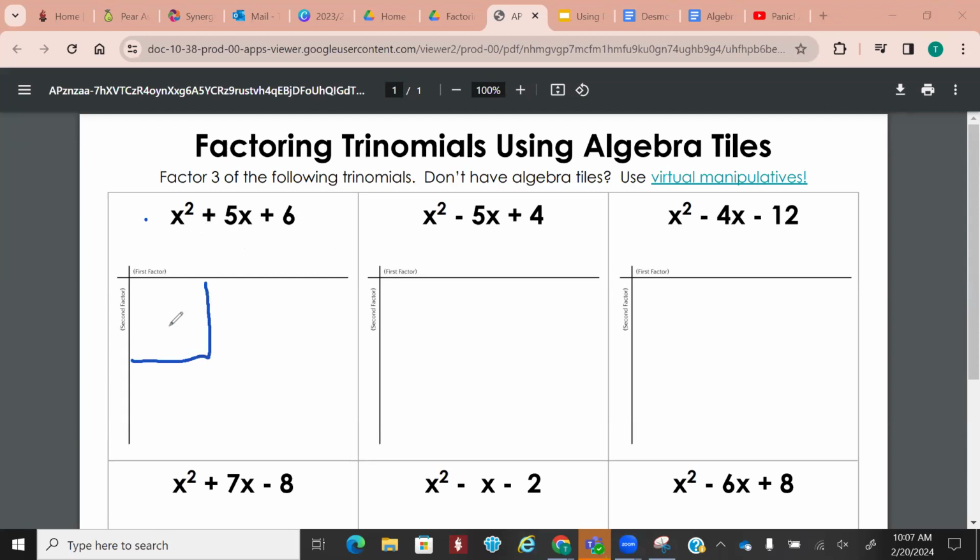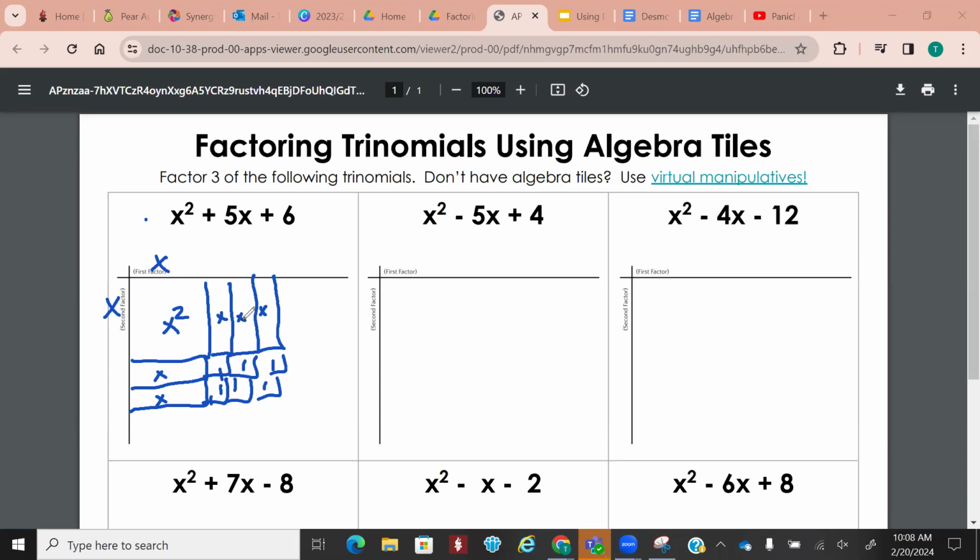So we're going to draw this. We've got x squared, and then we've got 5x. So we're going to draw 3 x's over here, 2 x's over here, and then 6 little ones in the middle, or on the bottom. What times what would give us x squared? X times x, right?